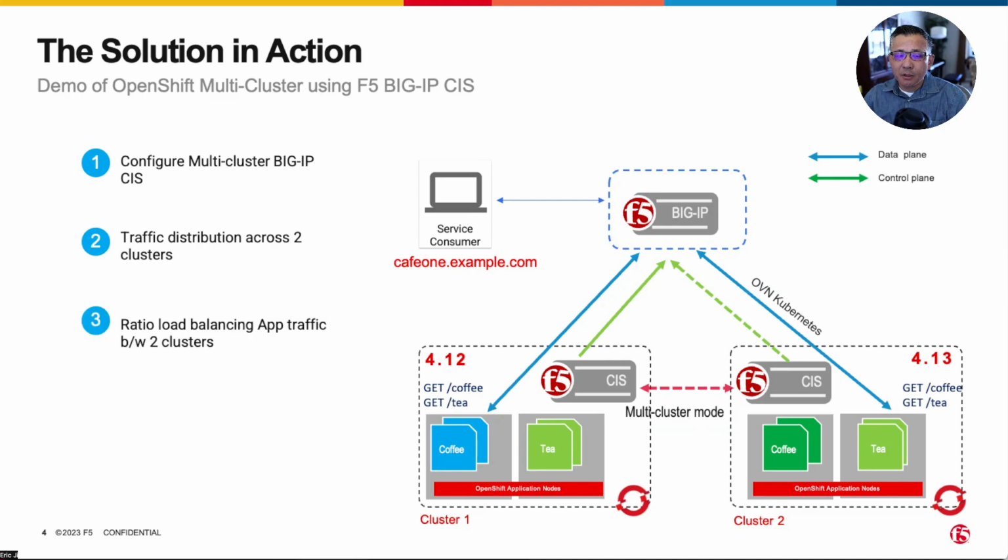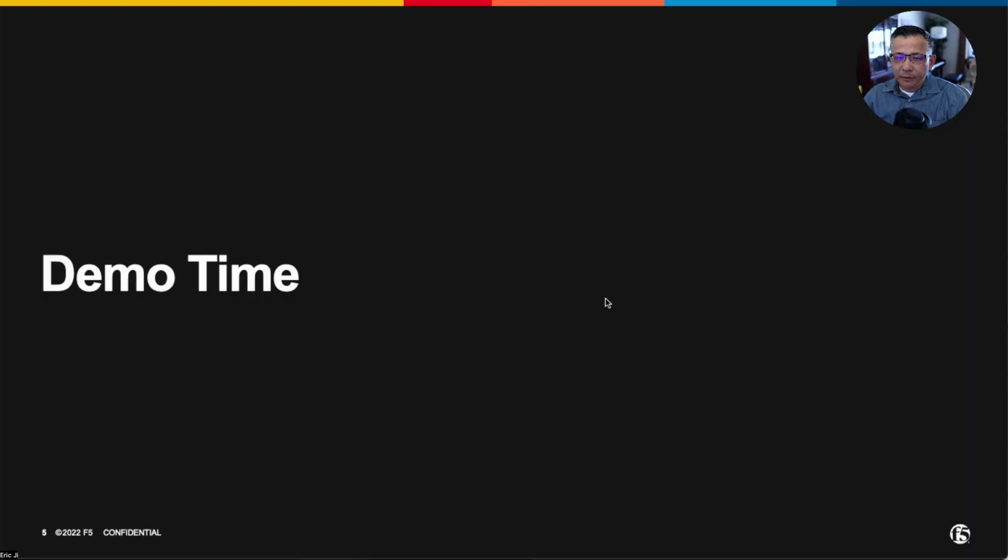Next, we will explore ratio load balancing the traffic across two different clusters. And finally, we will see how we can seamlessly migrate the app from one cluster to another. Without further ado, let's dive into the demo.